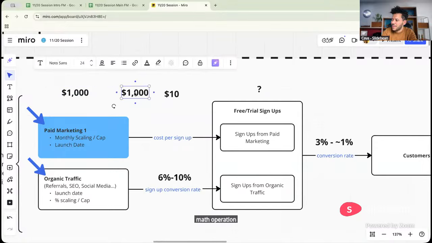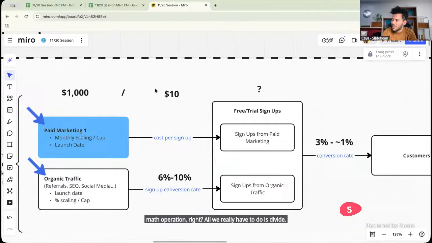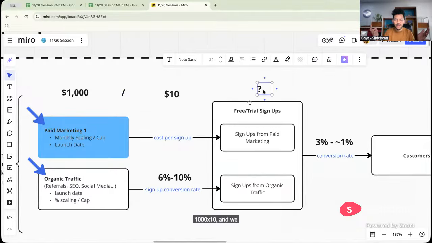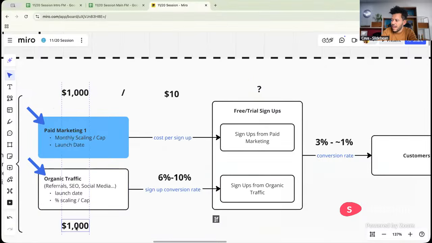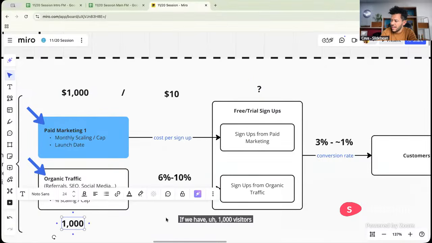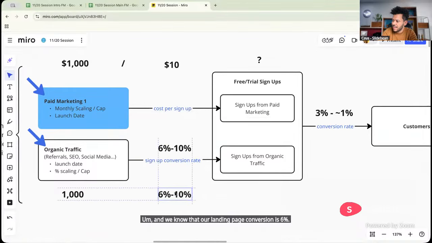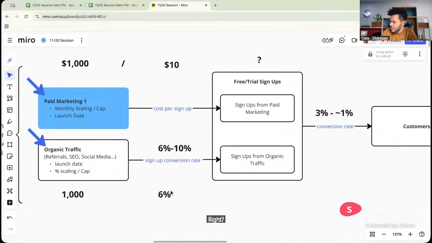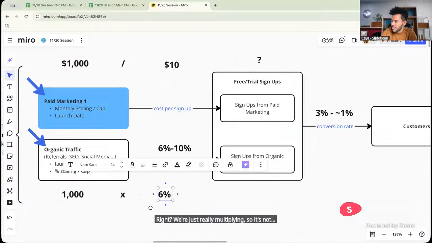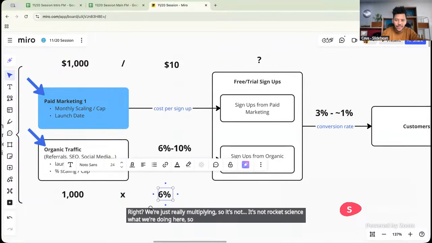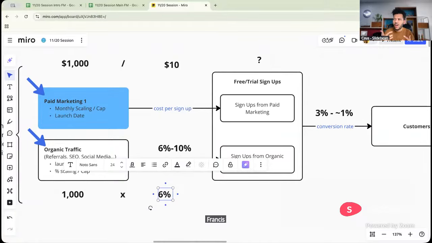All we have to do is divide 1,000 by 10, and we end up with 100 customers. Or in this case, if we have 1,000 visitors to our website, and we know that our landing page conversion is 6%, we're just multiplying. So it's not rocket science. 1,000 times 6% is going to be 60. So the math is not that complicated. We're just doing simple multiplications and divisions.